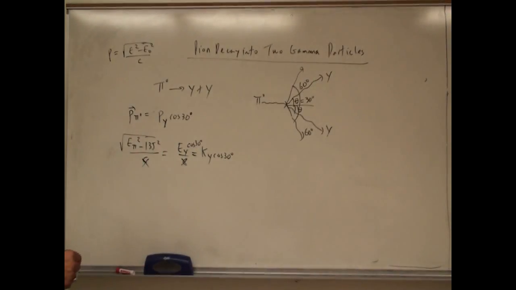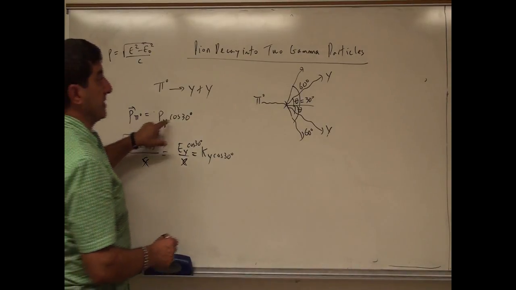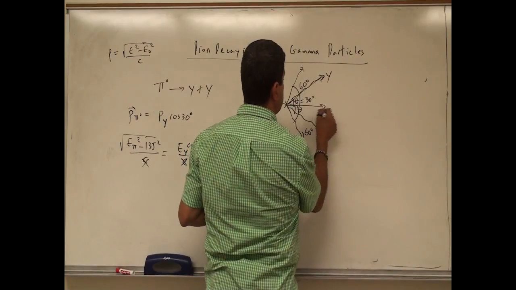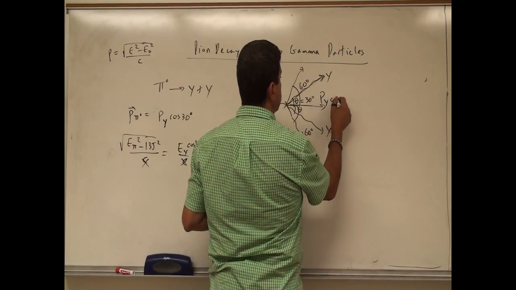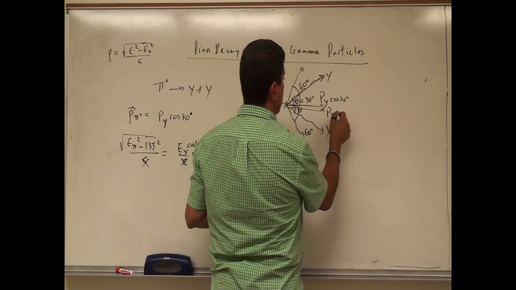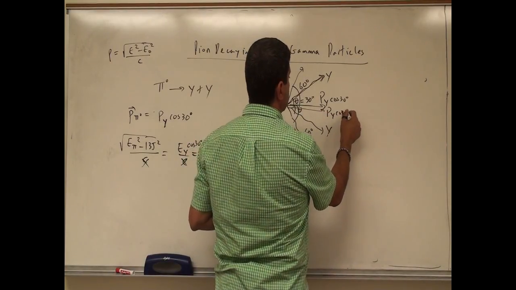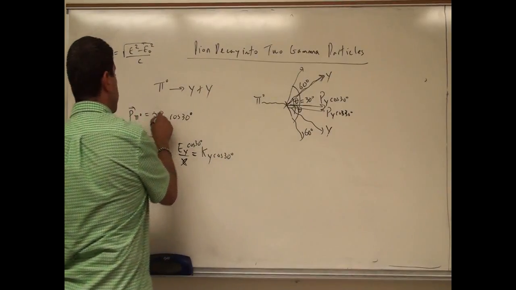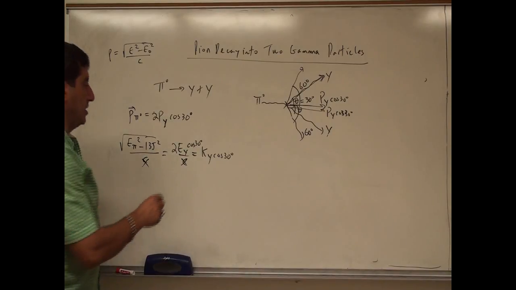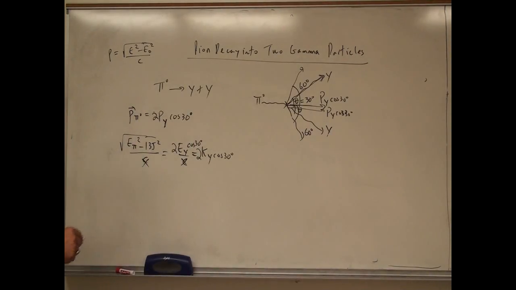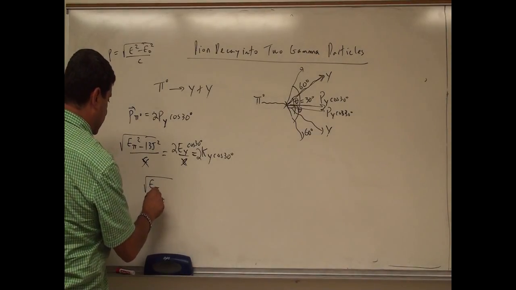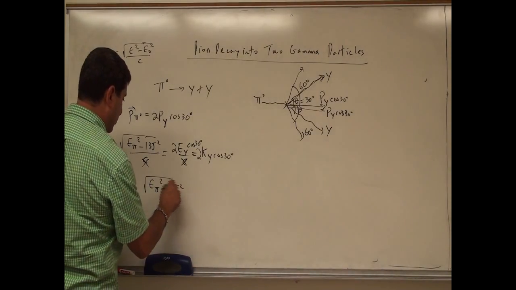Now we have to double this because each one has its own momentum. Momentum of the gamma cosine 30, and this one also has momentum of the gamma cosine 30. So it's 2 momentum of gamma cosine 30, 2 energy of gamma cosine 30, 2 kinetic energy of gamma cosine 30, and on the other side we have the square root of E pi squared minus 135 squared.